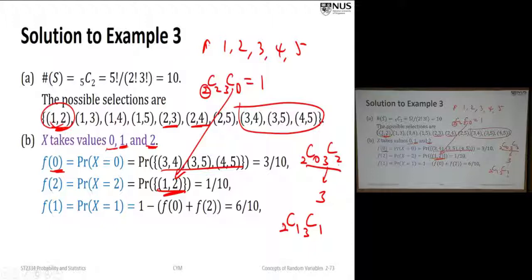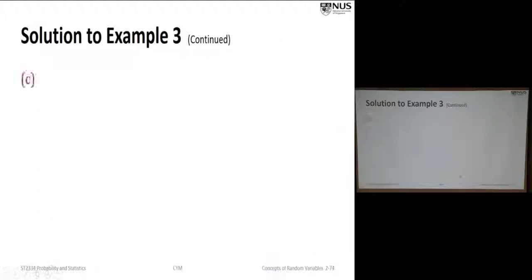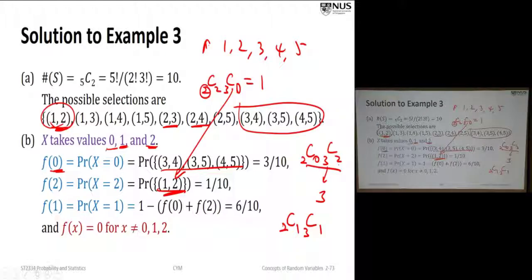To write it down, this is our probability function. Given value 0, this is f of 0. Given value 2, this is f of 2. Also, if x does not equal 0, 1, or 2, it's equal to 0.